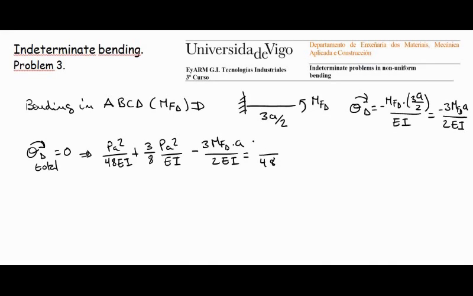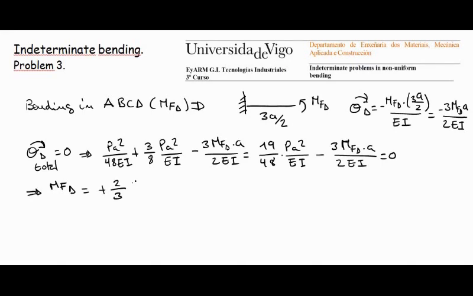Okay, so if we calculate the addition of the terms with PA, the result is 19 divided by 48 PA squared divided by EI minus 3 MF at D multiplied by A and divided by 2 EI. This has to be equal to 0. So we can write that the bending moment at D is equal to plus 2 over 3 times 19 over 48 PA.